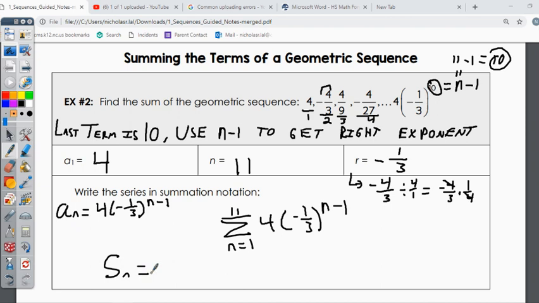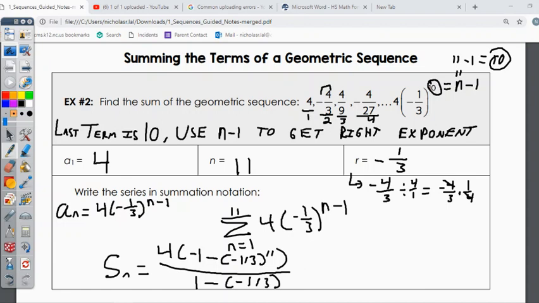And to find our series, Sn would be equal to, and now we just plug in the values in our formula. 4 times 1 minus negative 1/3 to the 11th, all divided by 1 minus negative 1/3.